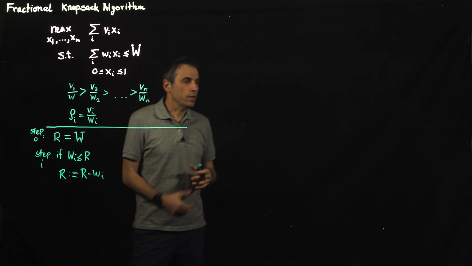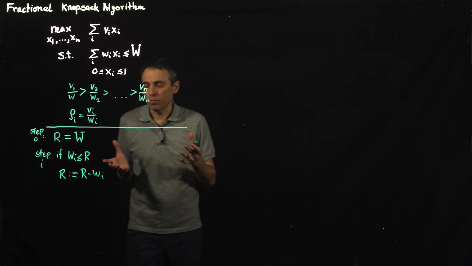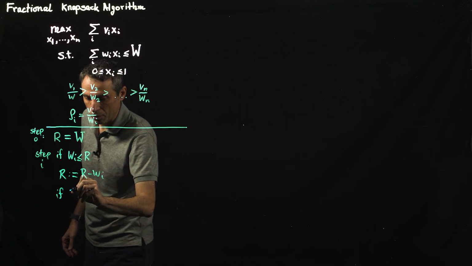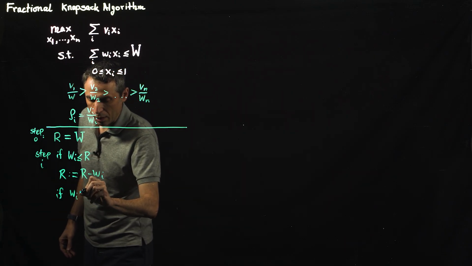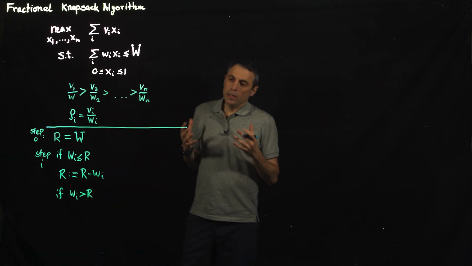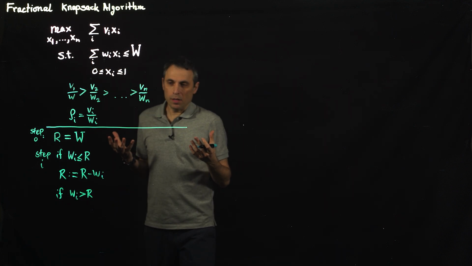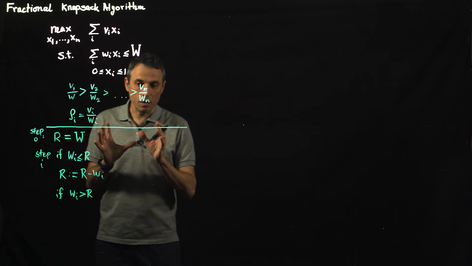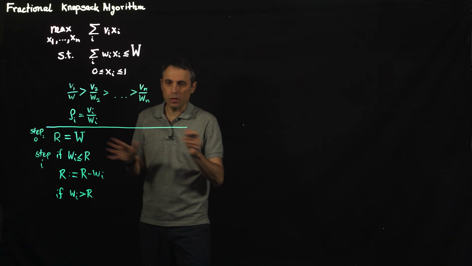What if the answer is no? If Wi is bigger than R, we assume that R is still positive, not 0, because if it was 0 we would stop.